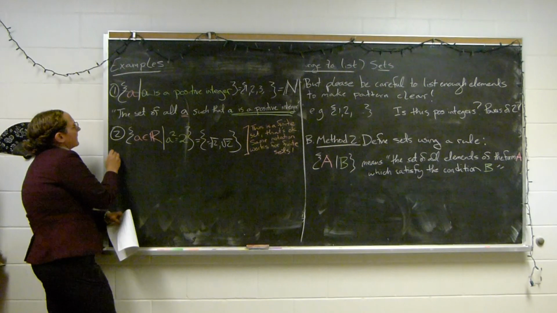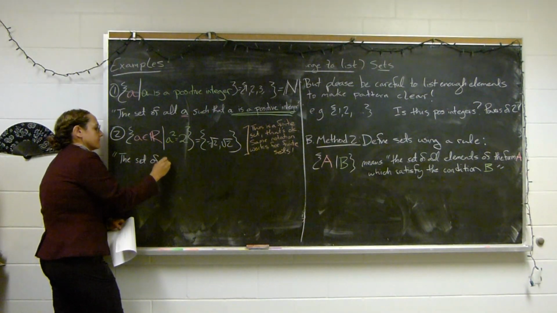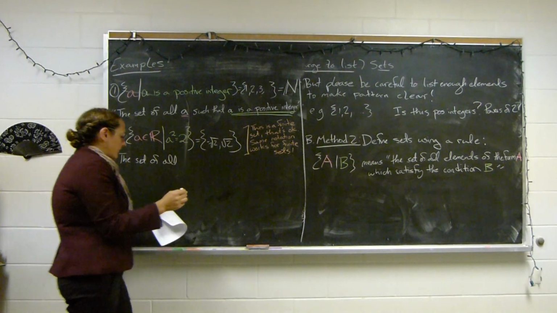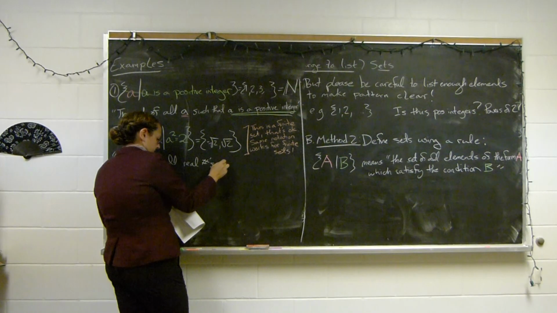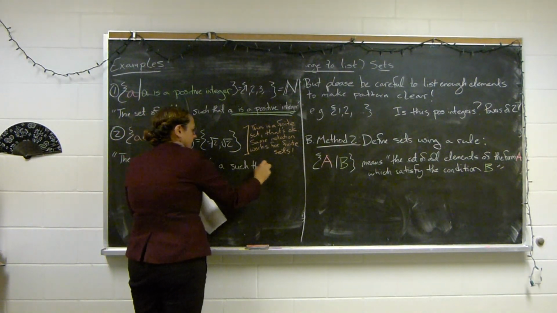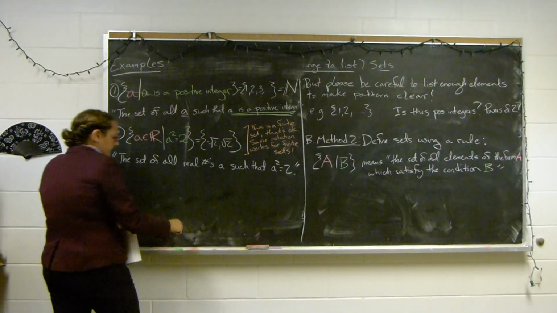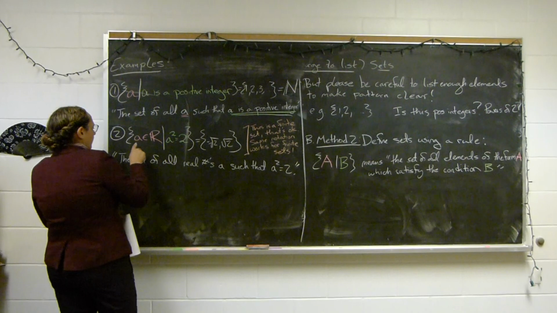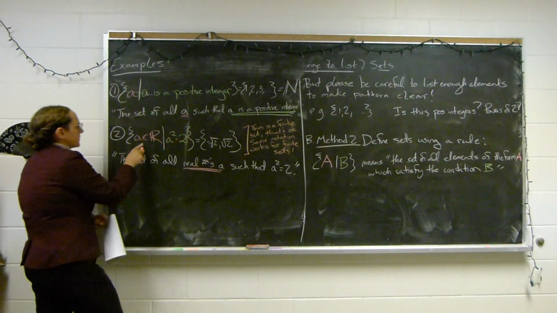So here we have that this is the set of all real numbers A such that A squared equals 2. And again, you can see that this part here, the set of all real numbers A, is what comes from over here.